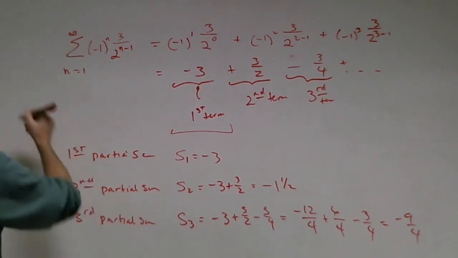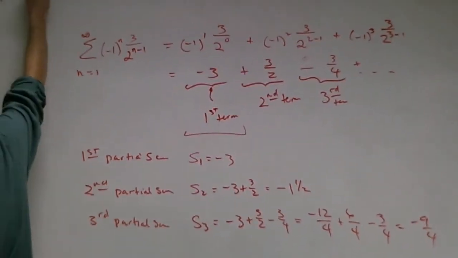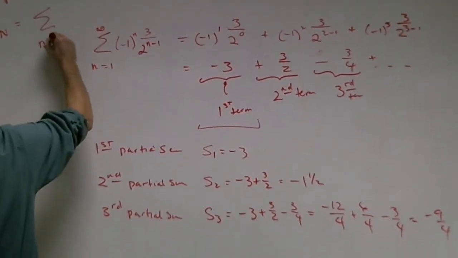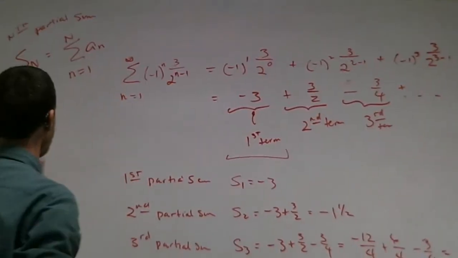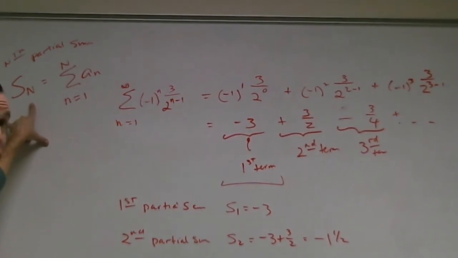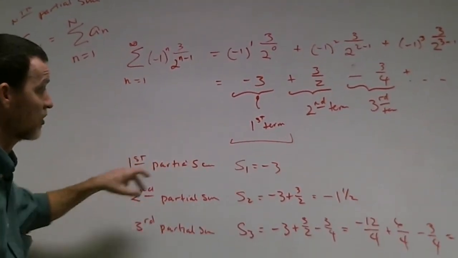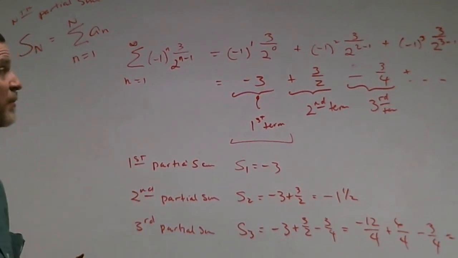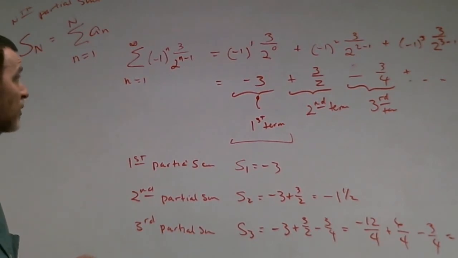So the definition of the nth partial sum is S of n, which is just the sum from n equals 1 up to that n of a sub n, right? Partial sum just means add up the first n. First partial sum, add up the first. Second partial sum, add up the first 2. Third partial sum, add up the first 3. So I think I'll make my grading easy and just give you one problem and have you tell me what the 100th partial sum is.